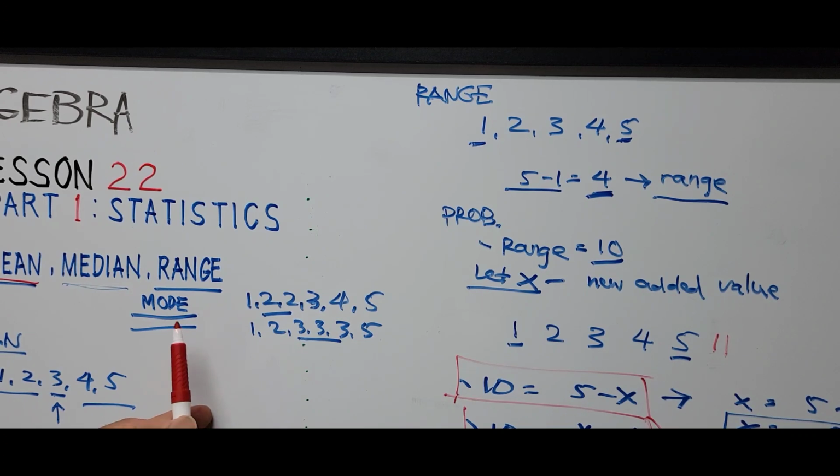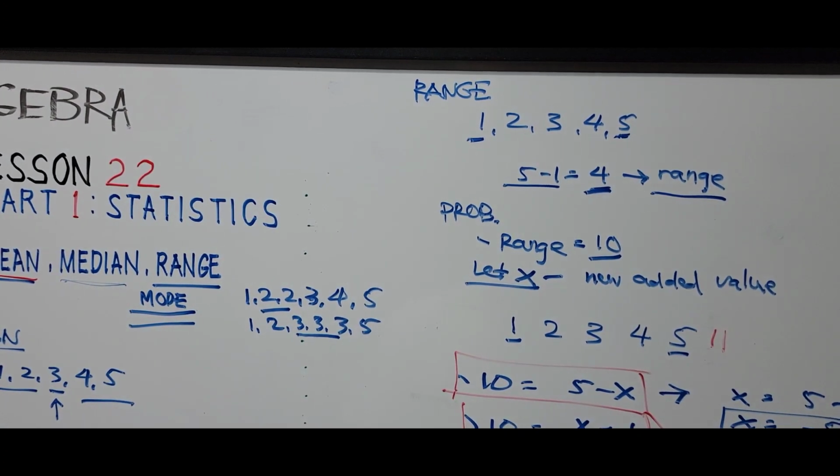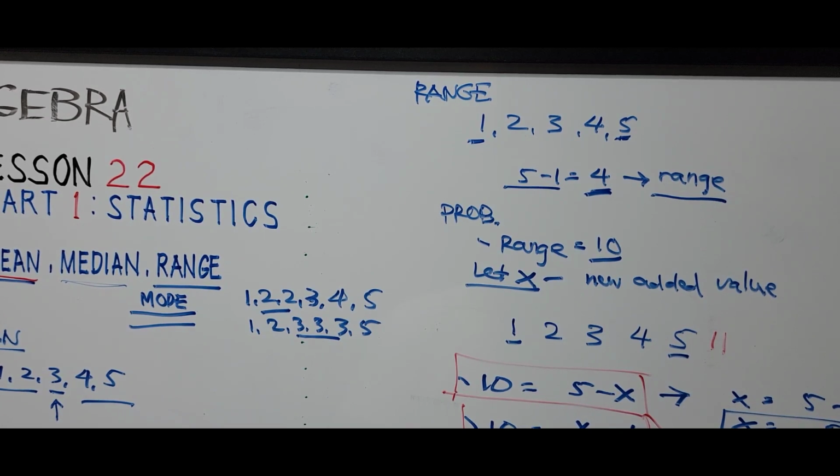It simply means the most frequent number in a set of values, like in this case 2, since you have more 2s than the other values. So that's the mode of the set of values. And that's all for this part 1, lesson 22, statistics.